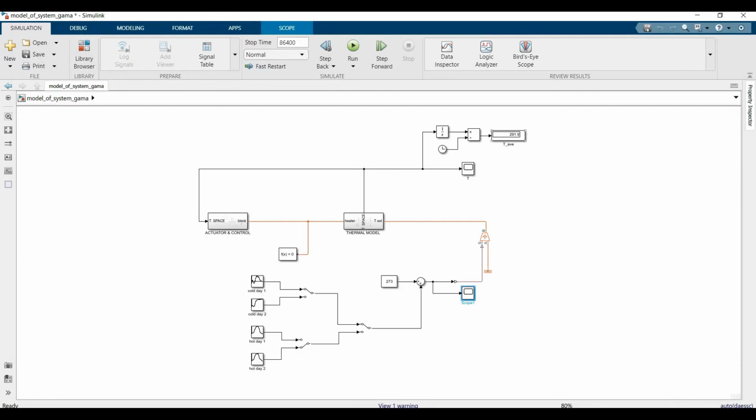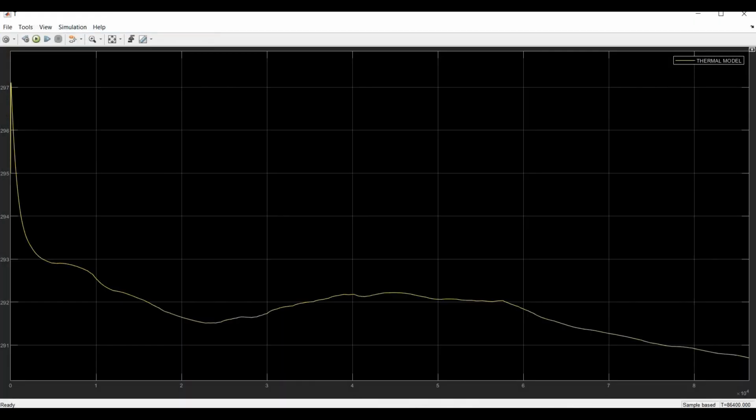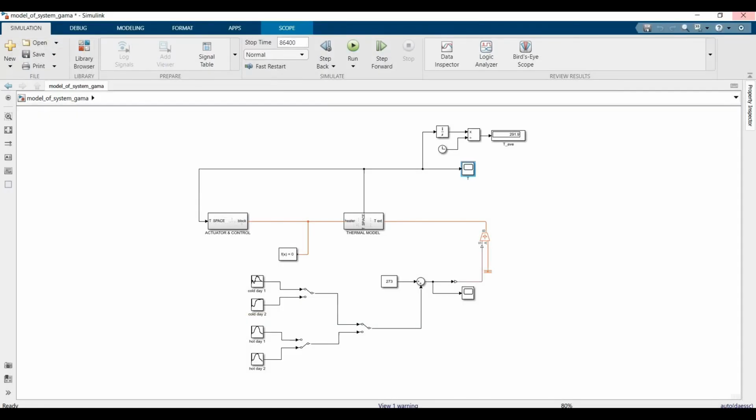The temperature average is 291.9. Now I want to see the temperature variation of the space. Because of the generated heat of a human, the temperature variation was good and it's not so cold.